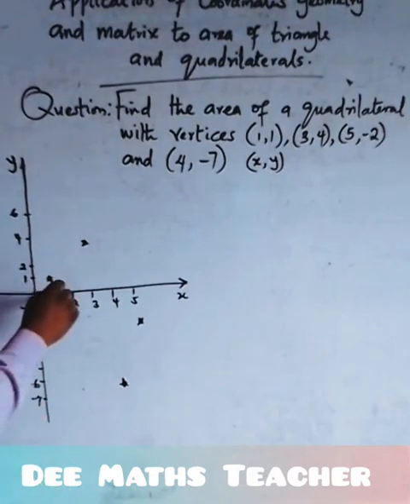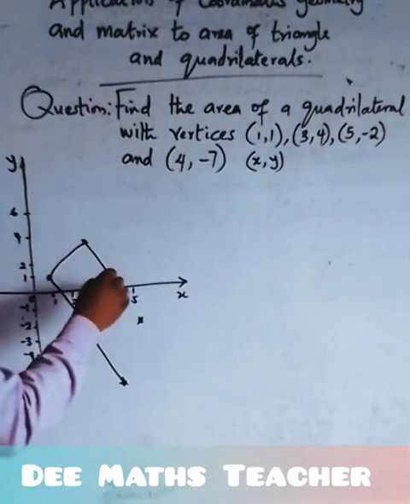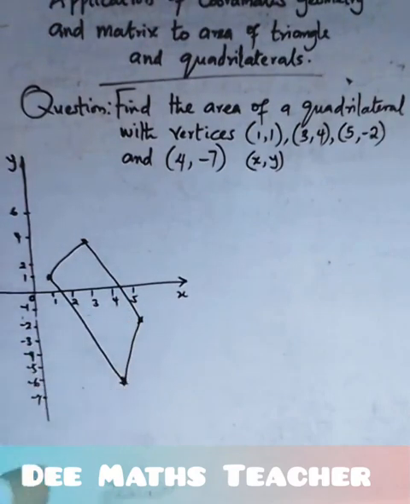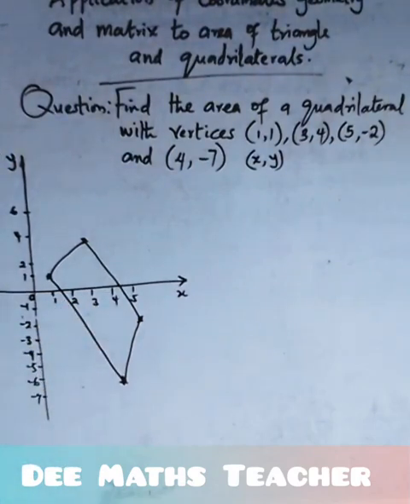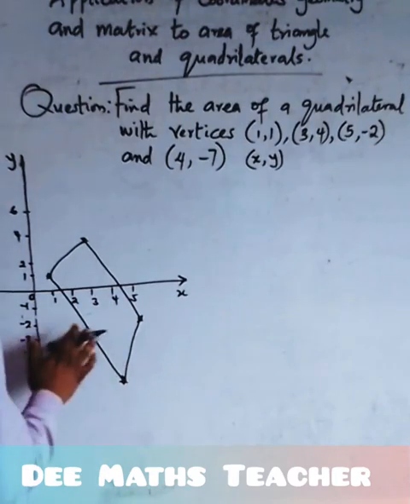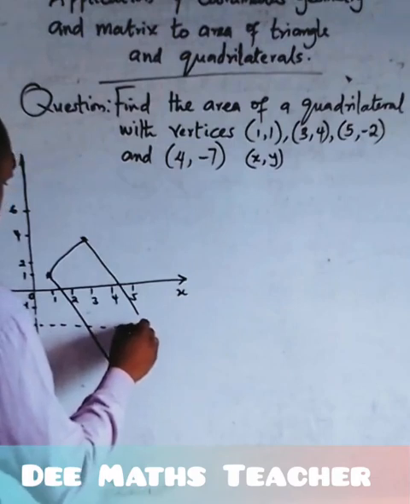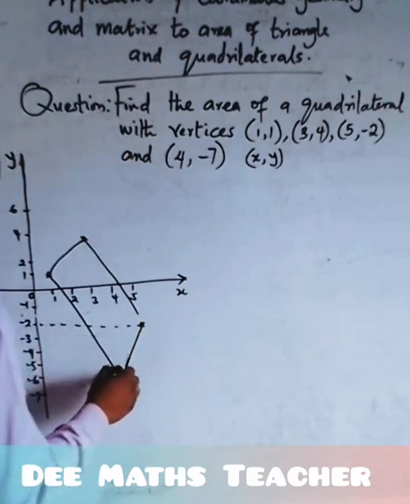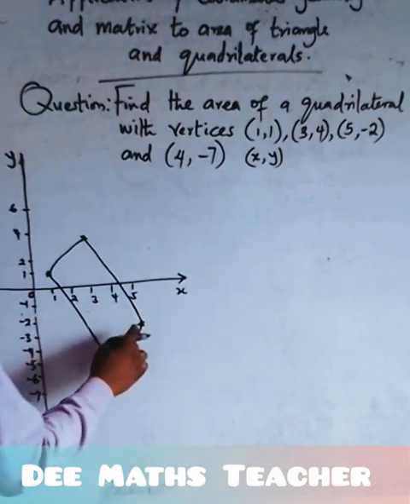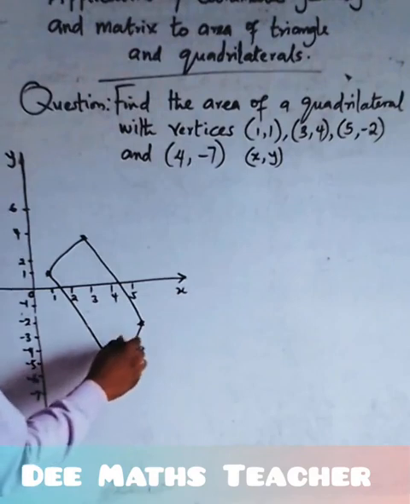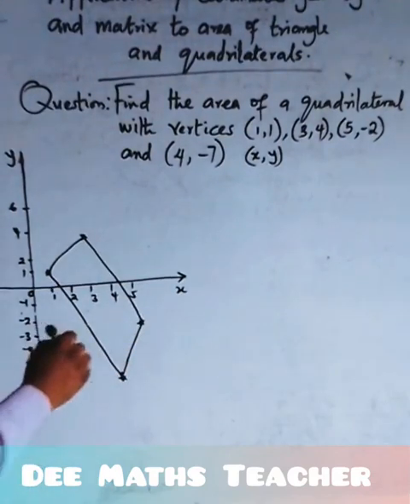So we can join the points together like this. So we have a quadrilateral. This is not a perfect graph, but we can manage it. Let me adjust this point, so that it should look like this. Good.